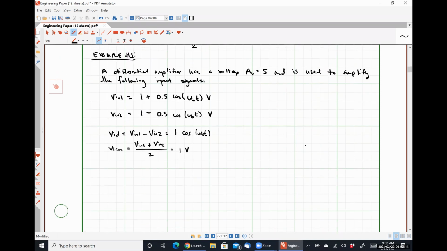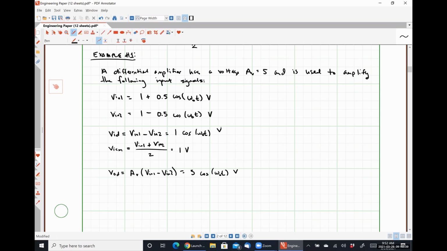For our output, we're going to have AV times VN1 minus VN2. So if we had 1 cosine, we should now have 5 cosine omega naught t volts.